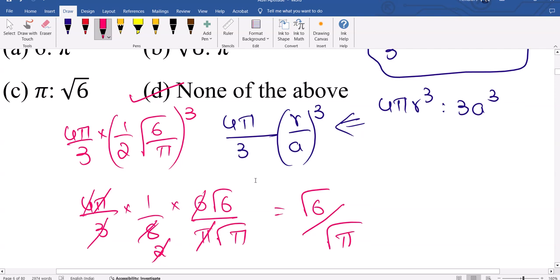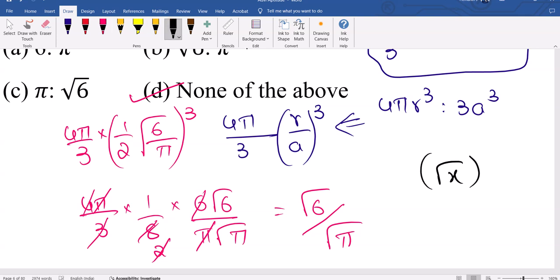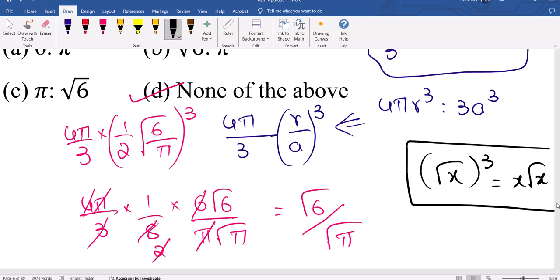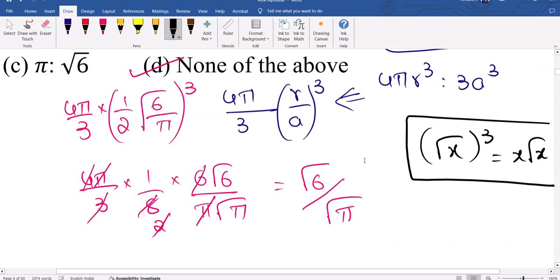After doing calculations, I believe you also got root 6 and root pi. Root 6 whole cube can be written as x into root x. Now let's see the next question.